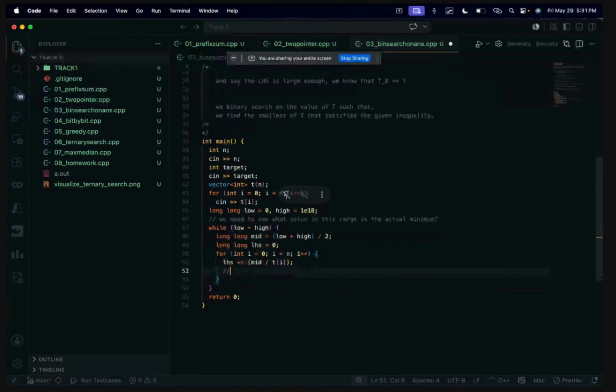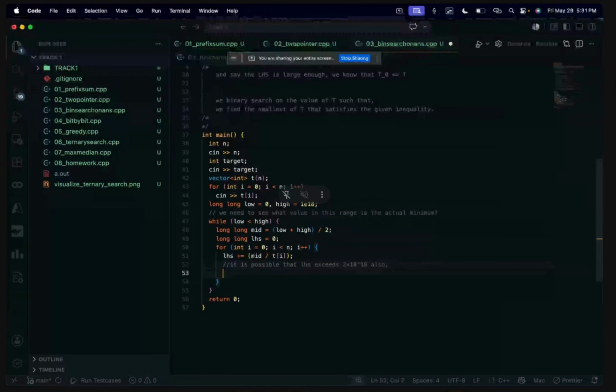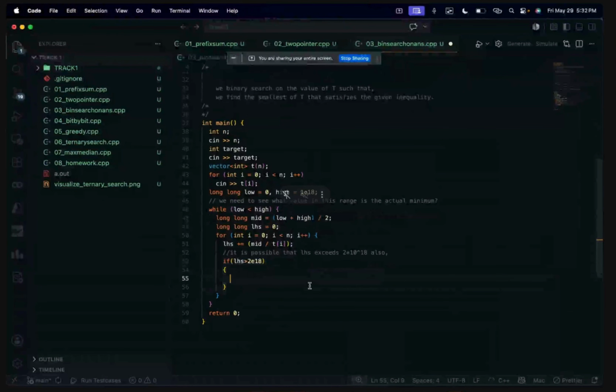And one thing we need to be careful here is that it is possible that LHS exceeds 2 into 10 power 18 also, which means long isn't sufficient to contain LHS itself. In that case, what we can do is put a check here.